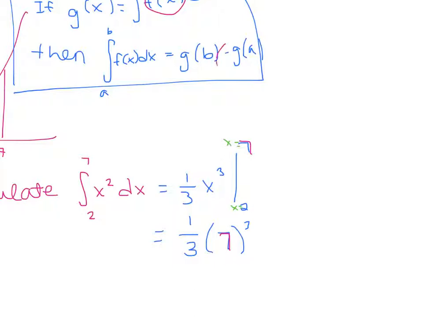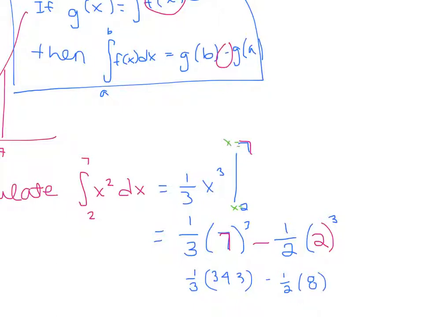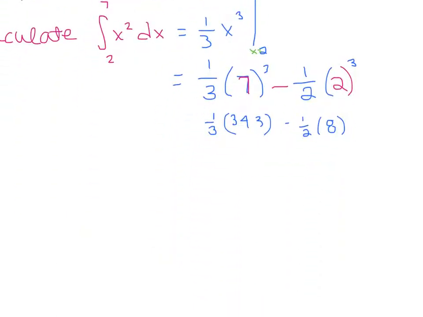And then I have to subtract, because that's what my fundamental theorem says, my function with the value of 2 plugged in, or my lower bound plugged in. And I need to cube that as well. So 7 cubed is 343. So I have 343 times 1/3 minus 1/2 times 8, which is 2 cubed. And then that will give me 343 over 3 minus 4.